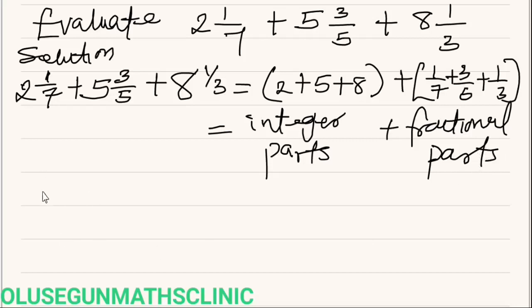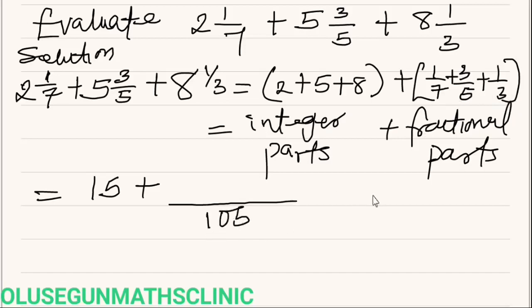So for this, 2 plus 5 is 7, plus 8, we have 15, plus the fractions. Now, what is the LCM for 7, 5, and 3? The LCM for 7, 5, and 3 is by multiplying them together: 7 times 15, because 5 times 3 is 15. 7 times 15 is 105.